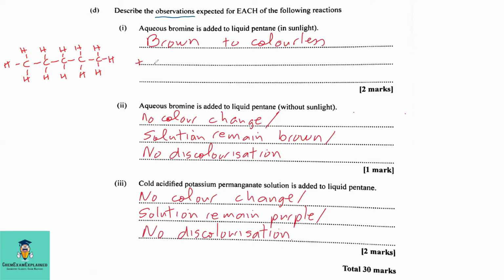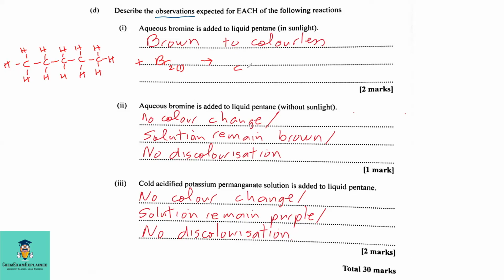I'm going to react that with liquid bromine. So it simply means that I'm going to substitute a H with a Br, and that H would combine with the other Br. So what will I get over here?